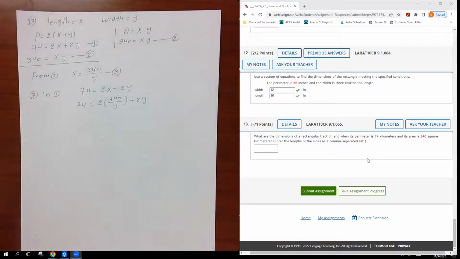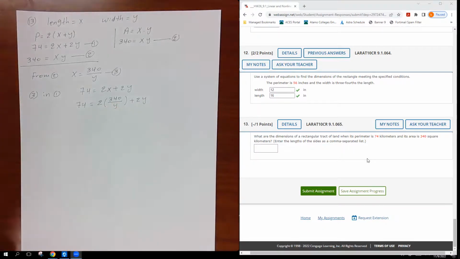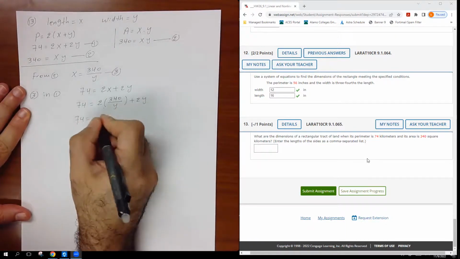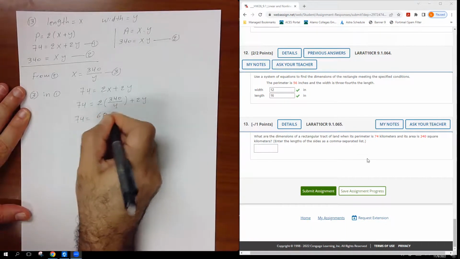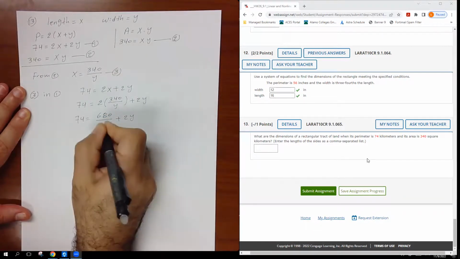So the first thing, you're going to multiply 2 times 340 to keep the y by itself. So 2 times 340 is going to be 680. That means 74 is going to be equal to 680 over y plus 2y.